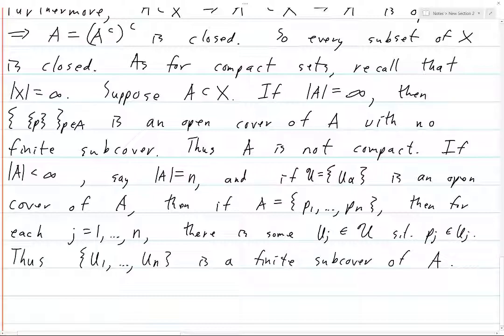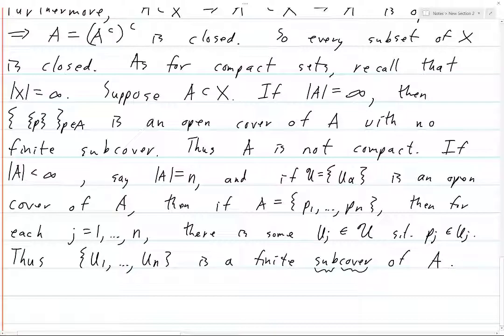Now just a side note here: usually when we say a subcover of something, A is the thing that's being covered. So subcover is sort of a strange word, because the sub and the cover are referring to different things. It's sub with respect to the collection of open sets.